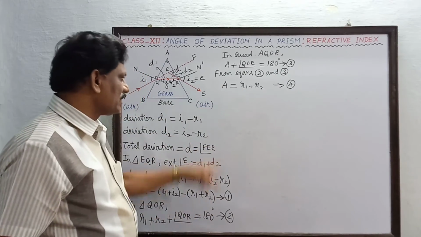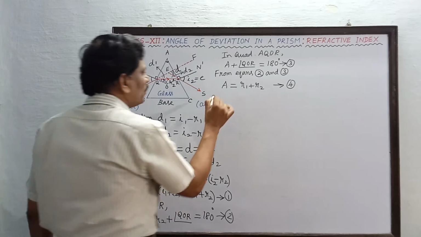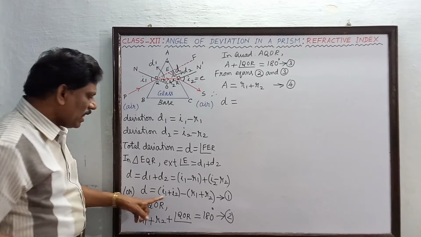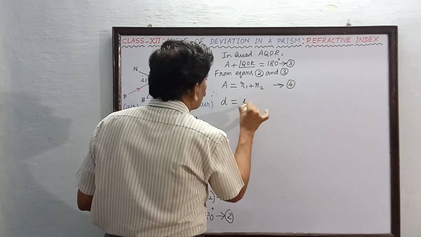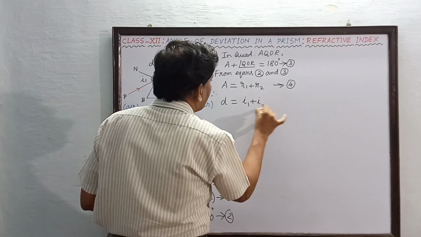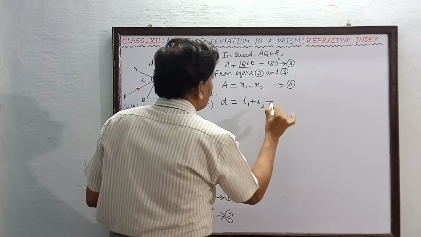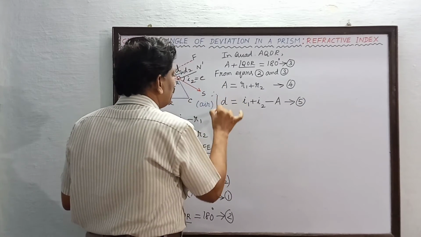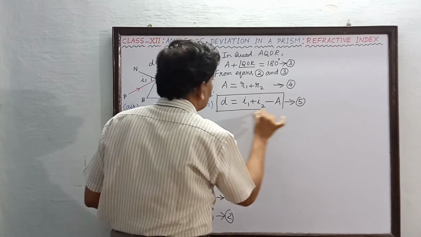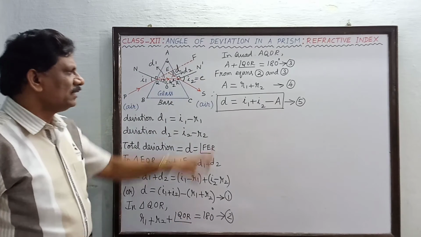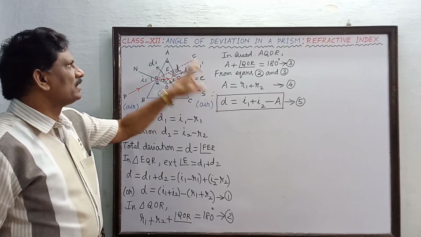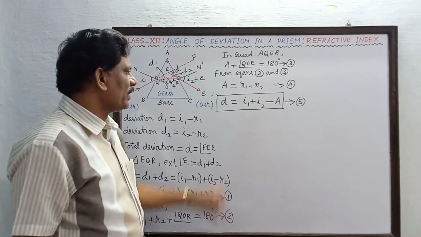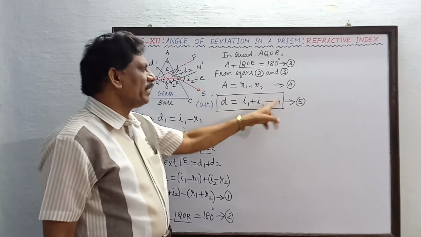In place of R1 plus R2, I am going to substitute capital A. Therefore, deviation D is now equal to I1 plus I2 minus capital A. So this is equation 5. This is the required equation for the angle of deviation produced by a prism. D is equal to I1 plus I2 minus A.